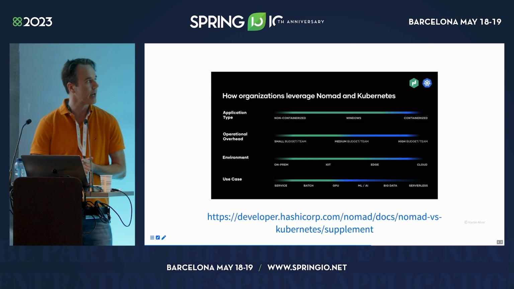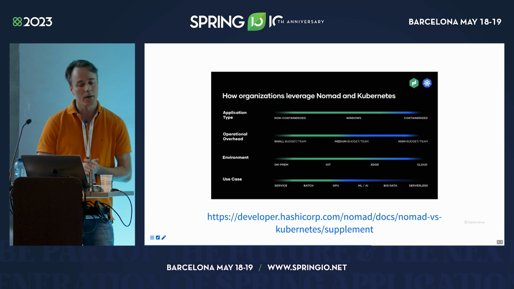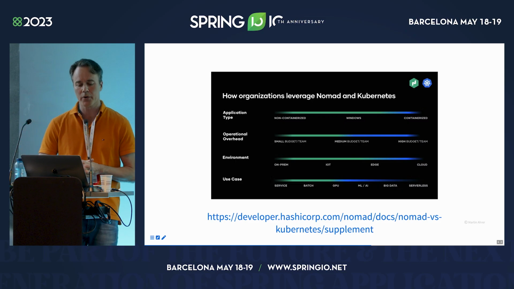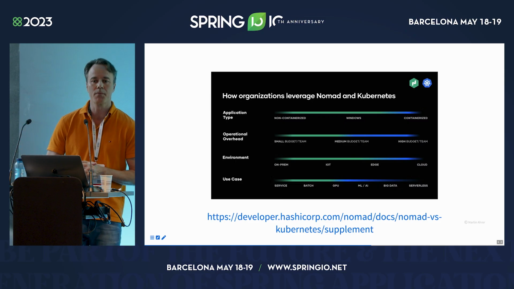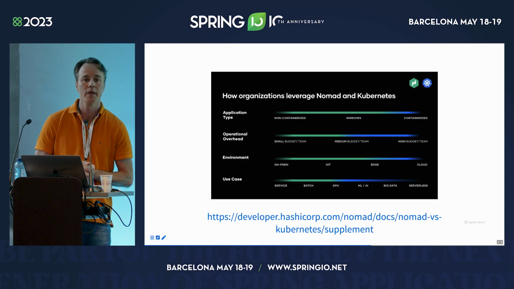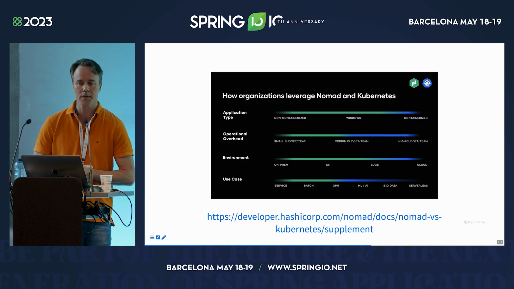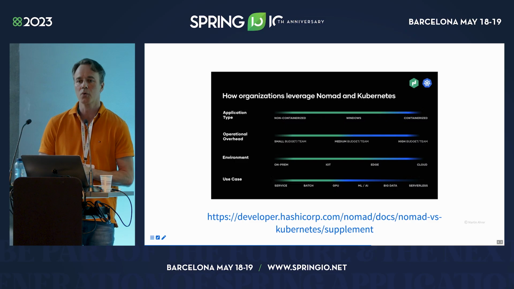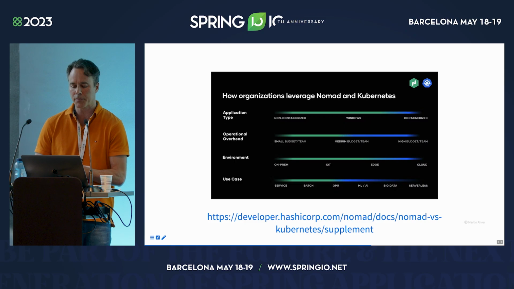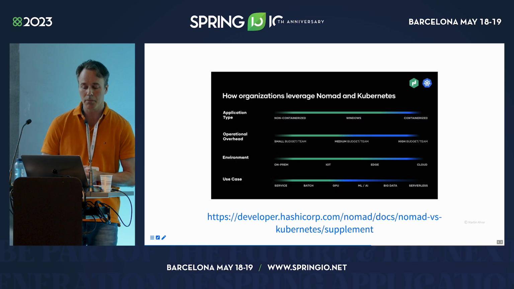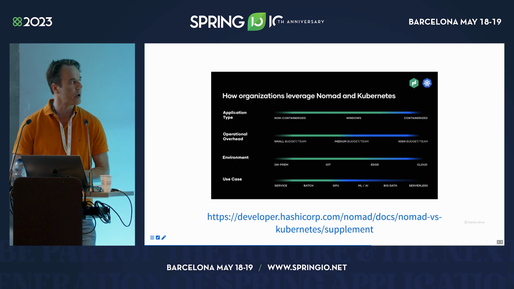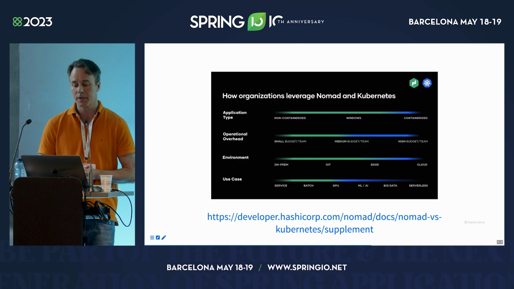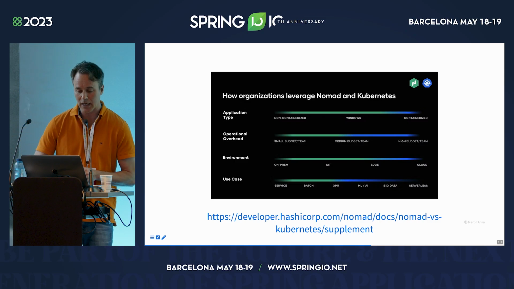The same applies to your operational overhead. If you have just a small budget or small teams that need to manage your clusters or setup, then it's definitely much easier to do that with Nomad. Kubernetes is way more expensive and complex and a little bit more challenging to keep up and running and do upgrades and so on.